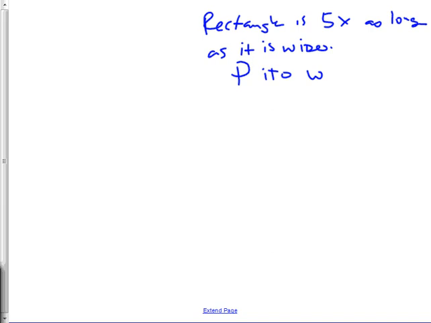Okay, here's what you should have done. First of all, a sketch: 5 times as long as it is wide. Here's a mistake some people make. They go, here's how long it is, and it's 5 times longer than this, so this is going to be 1/5 L. Even though it's a correct drawing, it's bad because they're asking you for something in terms of the width.